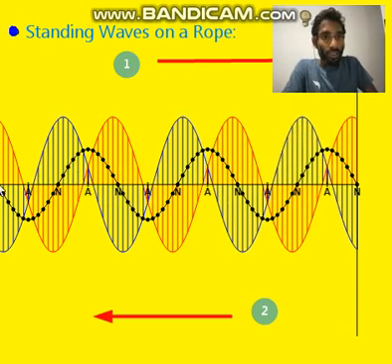Now if you think of a particular point somewhere here, you can see that the incident wave function has this much height, and the reflected wave function at the same point is that much height in the negative direction.